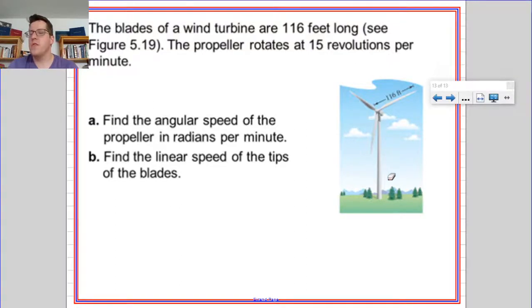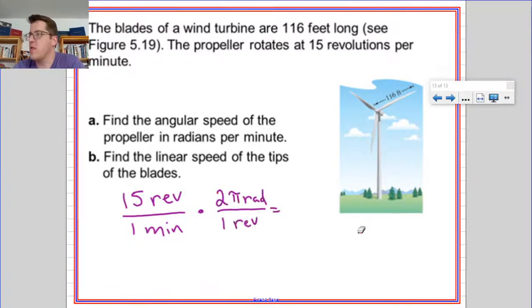So all we have to do is dimensional analysis to do a unit conversion. We're going to start by writing out our given rate. Then we're going to multiply by a conversion factor. In this case, the conversion factor is 2 pi radians per every revolution.